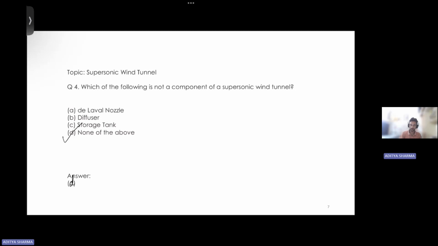Now moving on to the next question. Today we have a couple of questions on high enthalpy pulse test facilities. In that series, this is the first question.